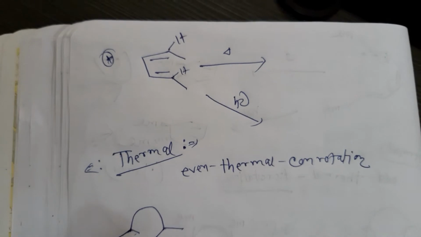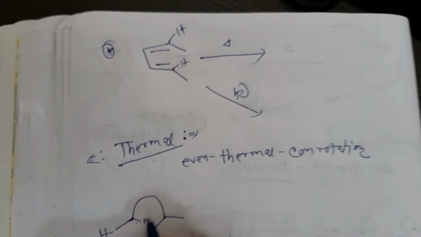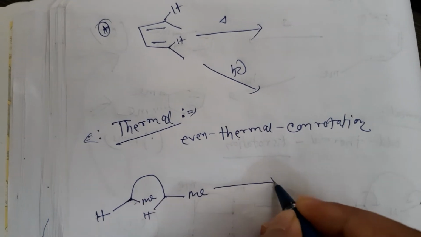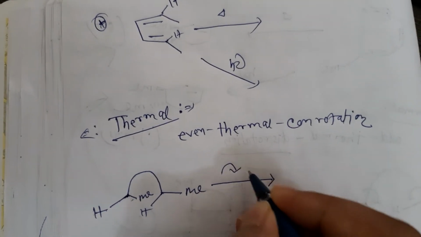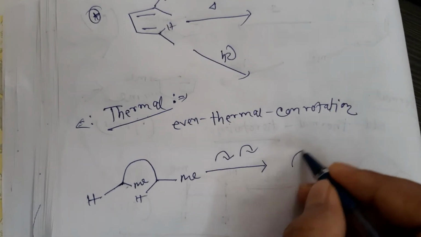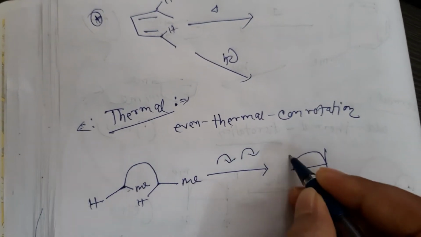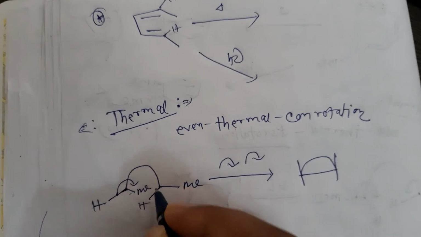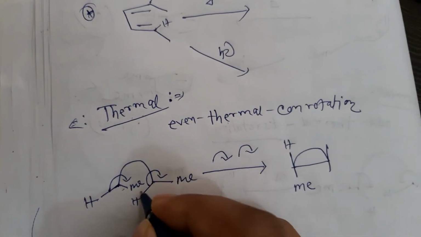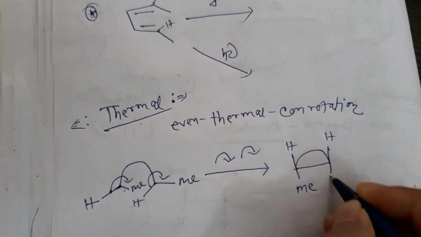If you consider this hydrogen outside, this methyl, this hydrogen, this methyl. So if we perform this even thermal conrotation, this hydrogen goes up, methyl goes down, and here hydrogen goes up, methyl goes down.